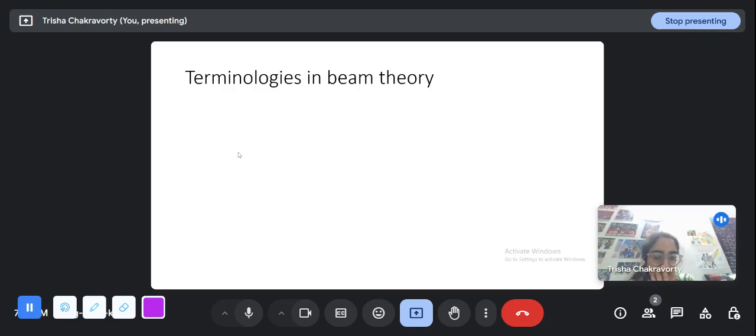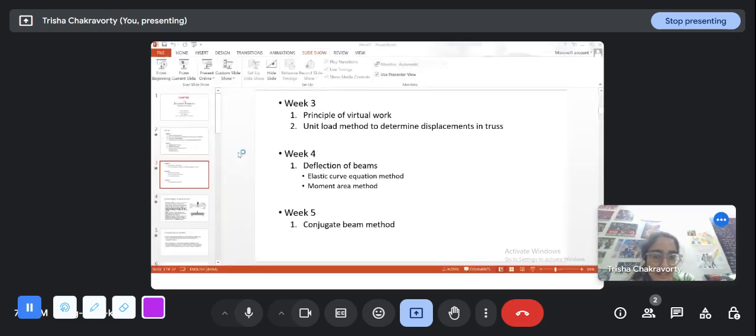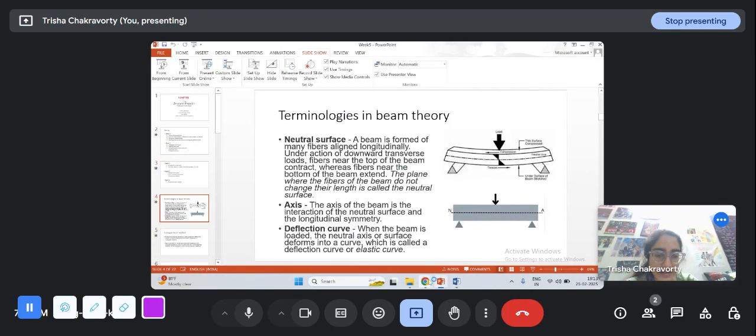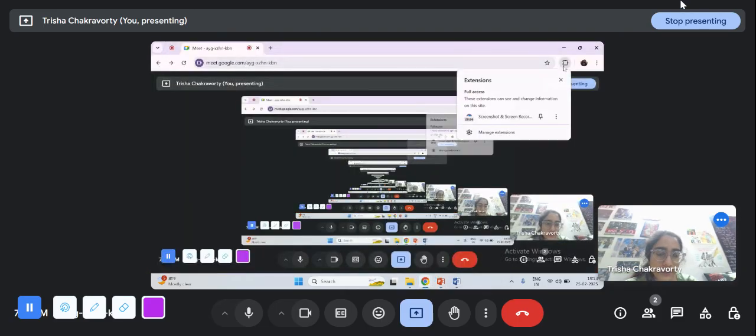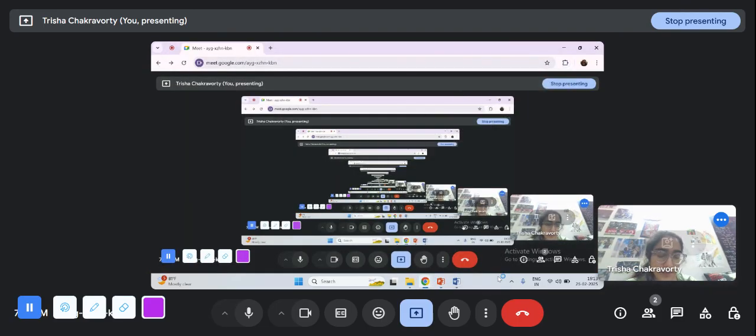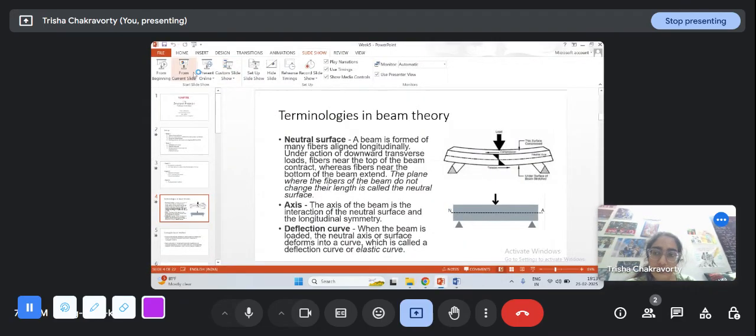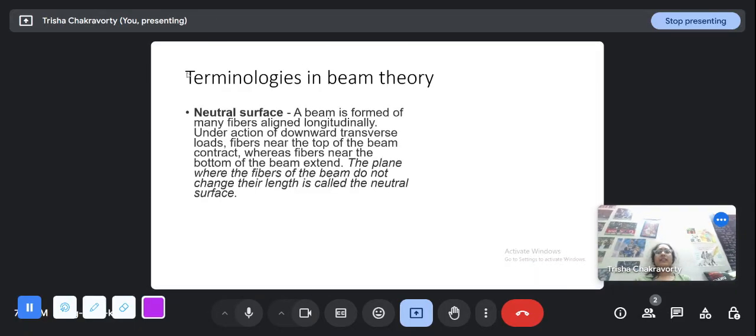First, we are going to look at some terminologies in beam theory that we looked at last class, but we need to revise once. The neutral surface: a beam is formed of many fibers aligned longitudinally.